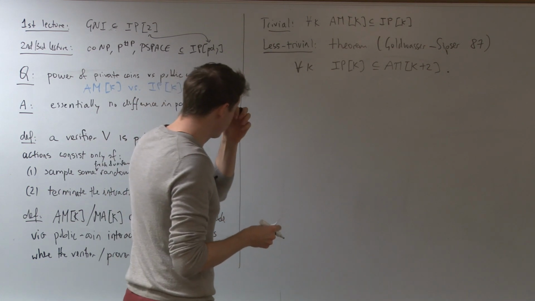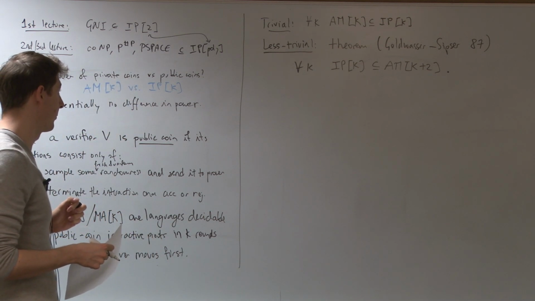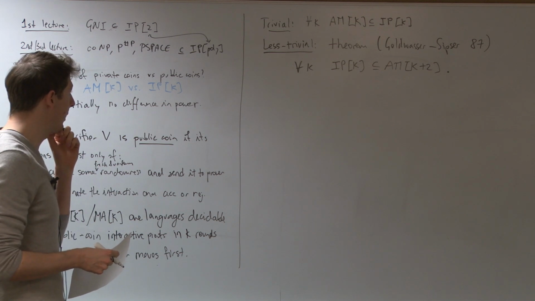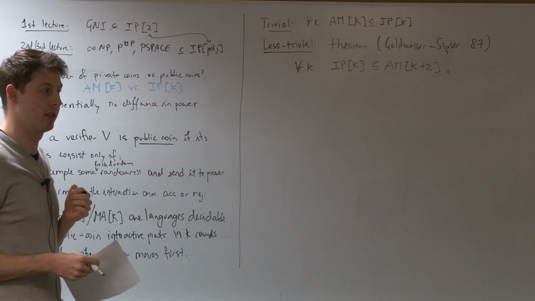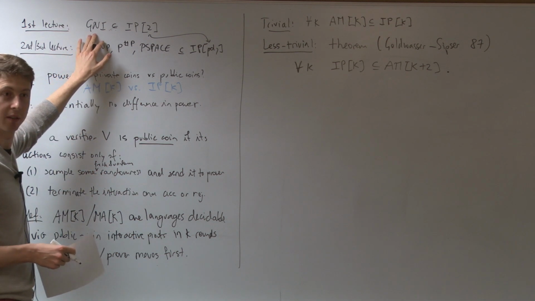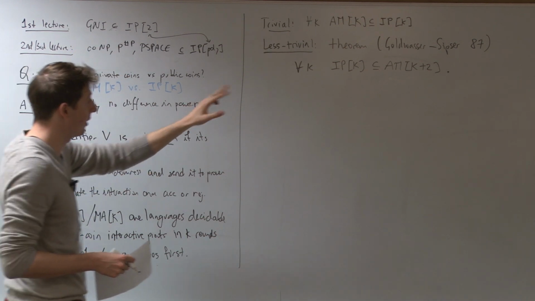This theorem, to prove it in its full generality, is rather messy. It's not something that it's good to do in lecture. But the core idea for the theorem is clean, and we can apply it specifically to GNI. In fact, for GNI, we don't even have to pay for the +2.